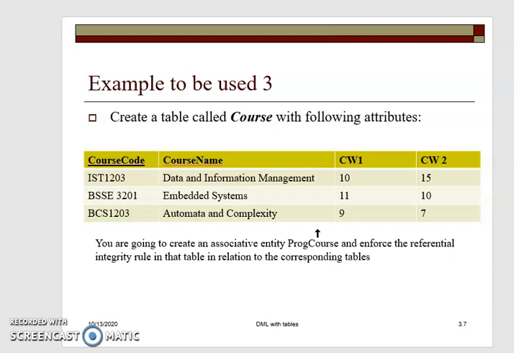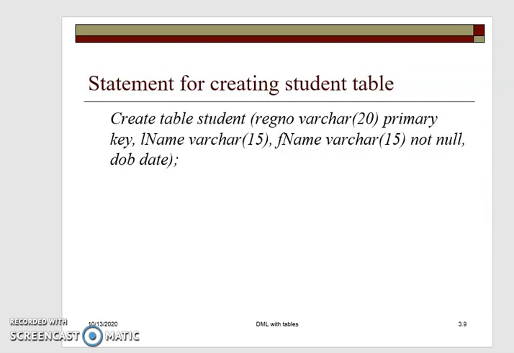That is why you have those 3 tables, because we need to look at the referential integrity rule. We all know the statement for creating the table from our previous lecture.